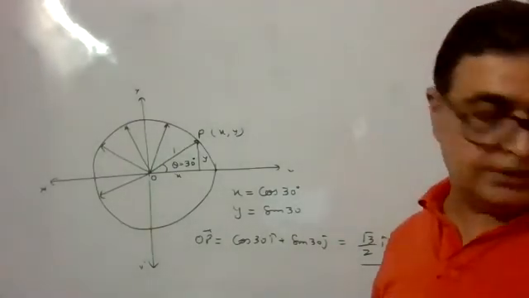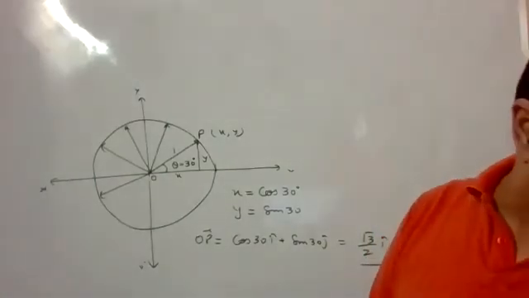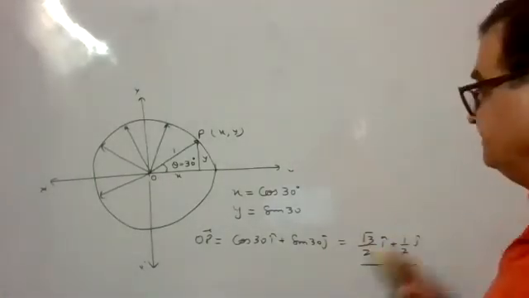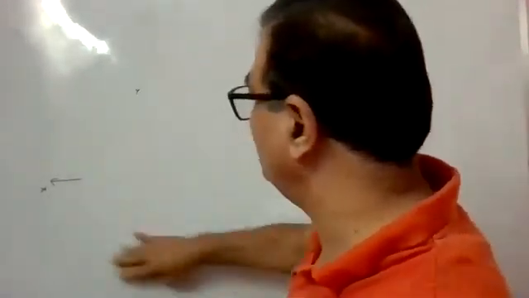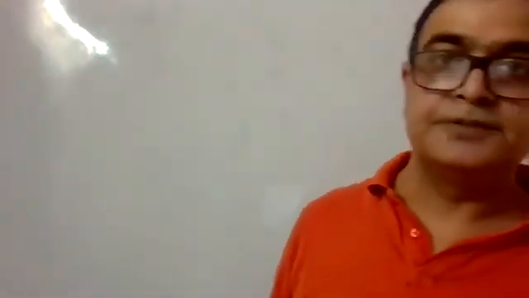Next question, please. A girl walked 4 kilometers towards west.